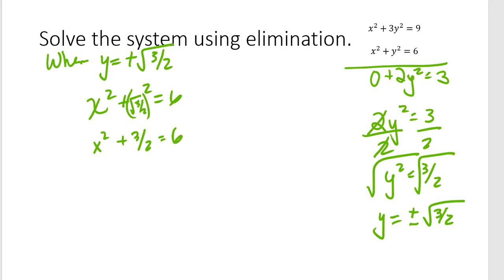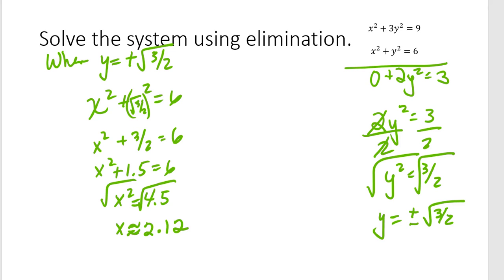If you don't like fractions, change it to decimals. So I get 6 minus 1.5 is going to be 4.5. I'll take the square root of both sides, and I'll get approximately 2.12.